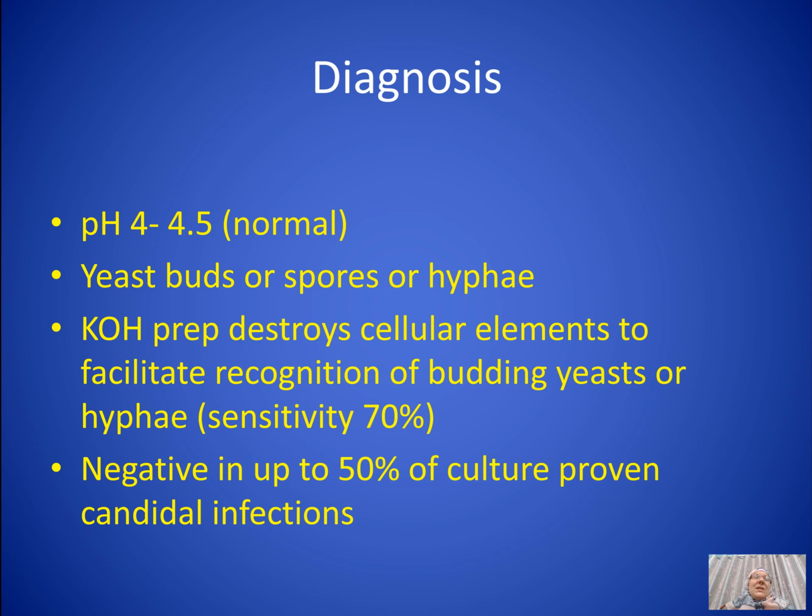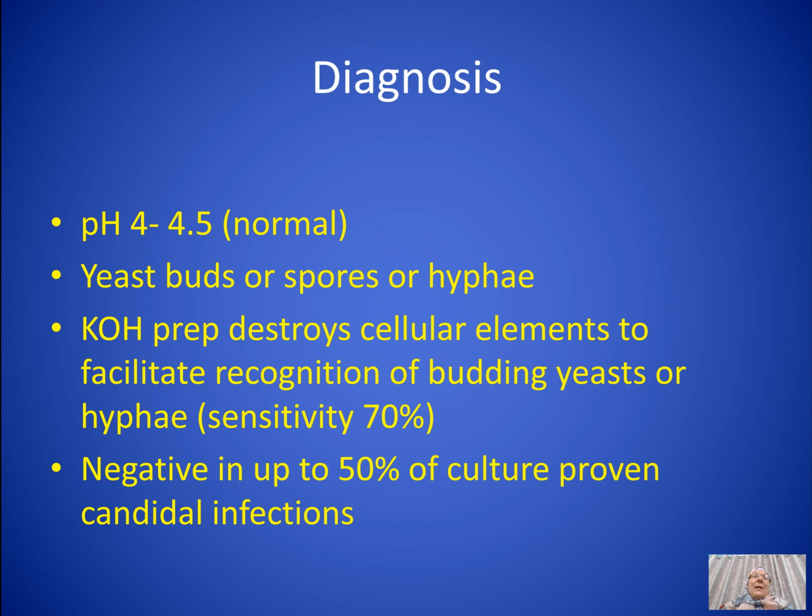It is possible to see the yeast buds and spores or hyphae under the microscope on a wet mount, and I will show you a picture of that in the next slide. You can just take a bit of the discharge, put it on a glass slide, then you put a little bit of potassium chloride solution on it, put the glass on, and it will reveal the hyphae of the budding yeast in the discharge.